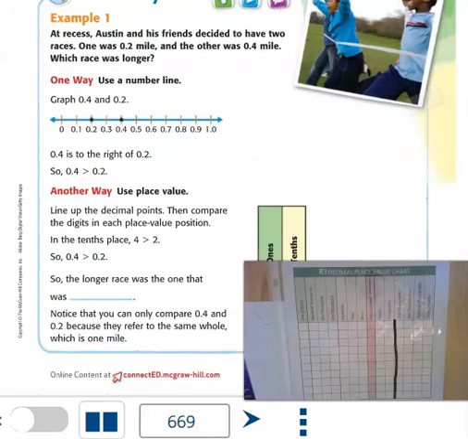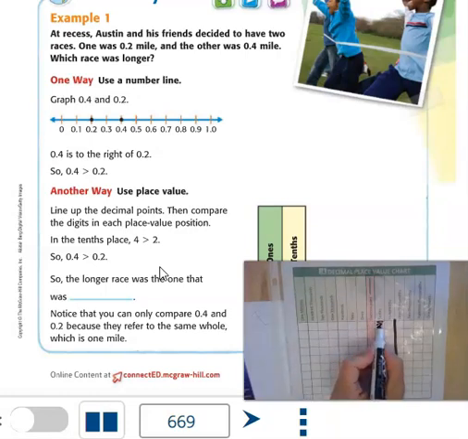Now the other way is using place value, and they've just given the number chart there. It's important when you're using a place value chart to make sure that you're lining up your place value. So here we're talking about only the tenths place. So we've got 2/10 and we've got 4/10.